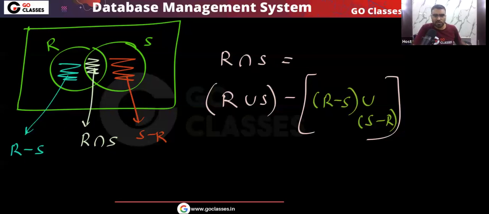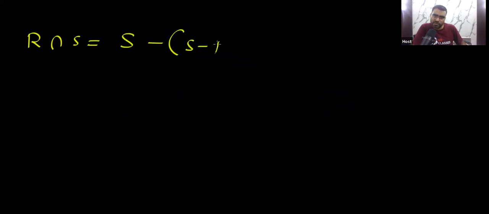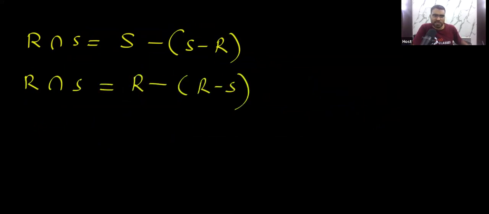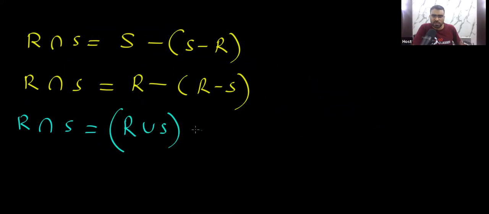Is this clear? There is one more way. For example, I can say R intersection S is the same as from S I remove S minus R. All of them are correct. From R I remove R minus S. R intersection S is also from R union S, I remove their union.